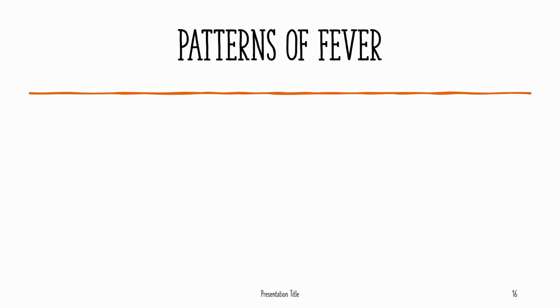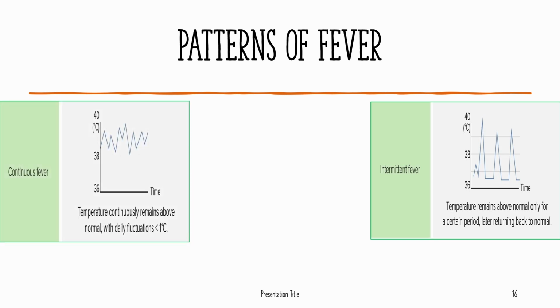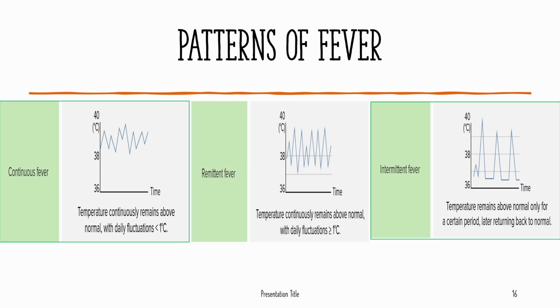So daily we are going to monitor the temperature in a temperature chart. And based on the temperature chart reading, we can find there is a certain pattern of fever. Okay. In certain temperature charts, the temperature returns to the normal value, and we call them intermittent fever. In certain types of fever, the temperature will not return to the normal value.